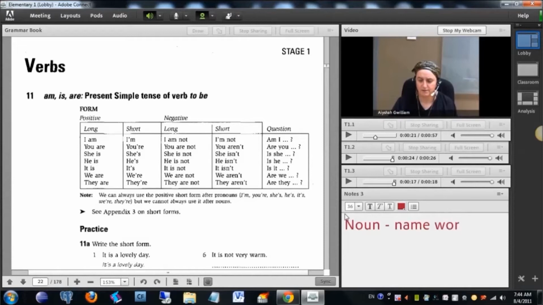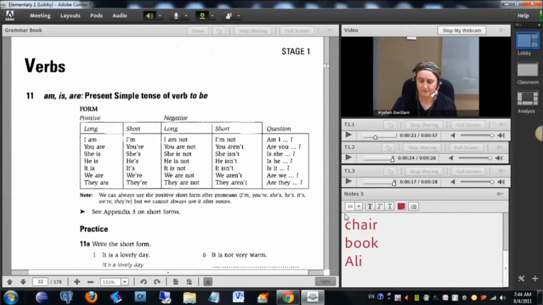Okay, it's a word that is a naming word. And we have some examples of nouns: car, table, chair, book. Okay, these are all nouns because they are the name of something.